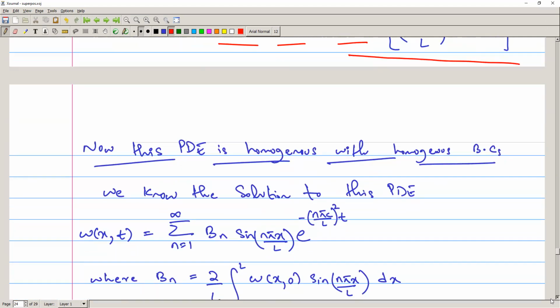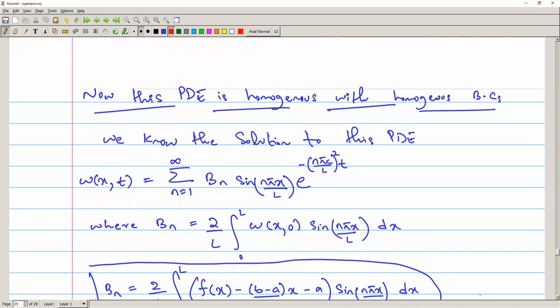So now this PDE is homogeneous with homogeneous boundary conditions, and we know that the solution of this PDE is governed by this equation, right?